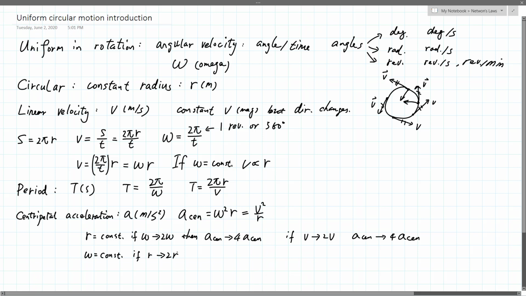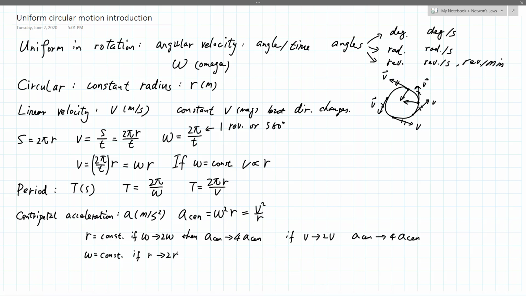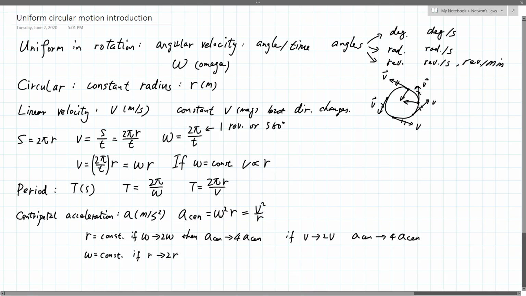You're basically walking to almost the edge of the turntable, increasing your radius, getting further away from the center. So if this is constant, and you double that, this will double, right? Because these two are proportional.